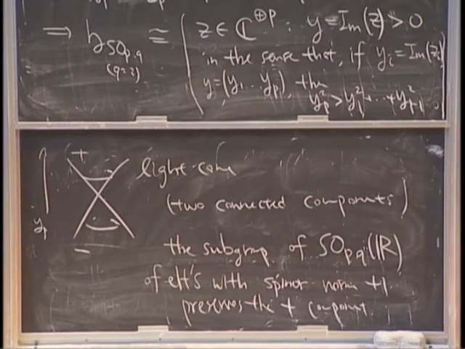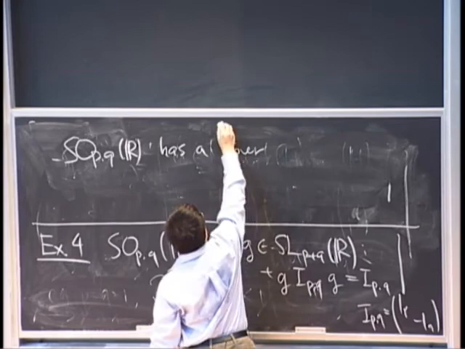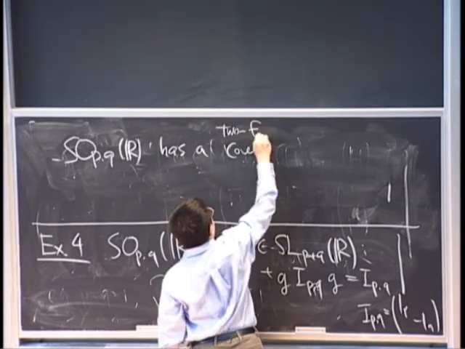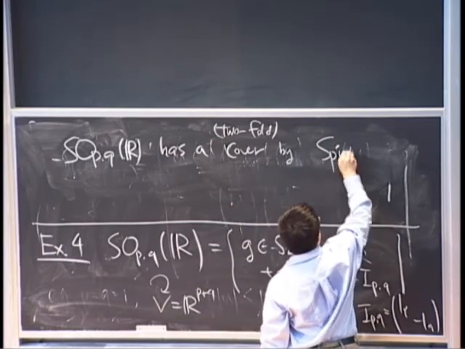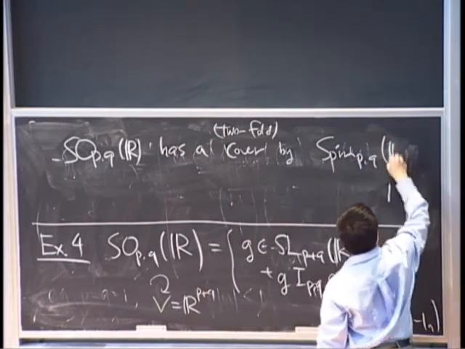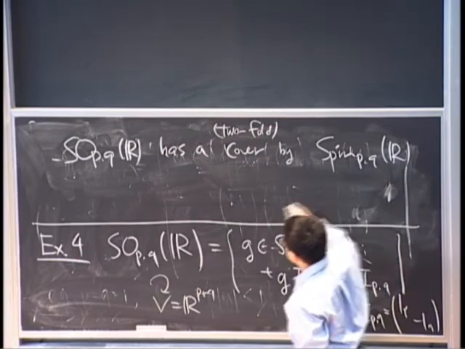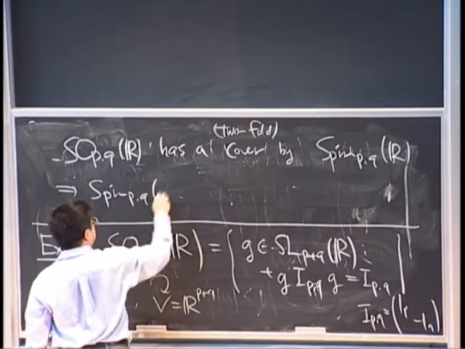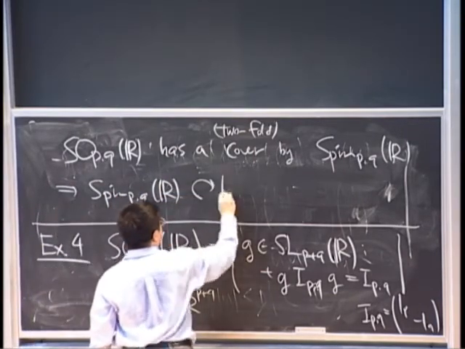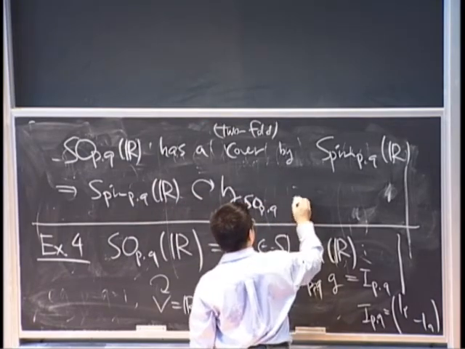This SO(p,q,r) has a twofold cover by something called the spin group. And the interesting thing is that once you have a twofold cover, the spin group also acts on this SO(p,q,r) as well.